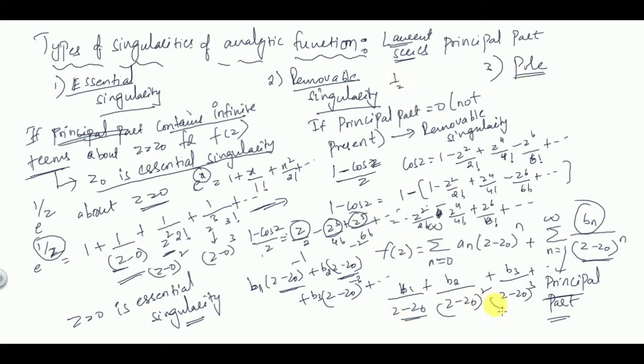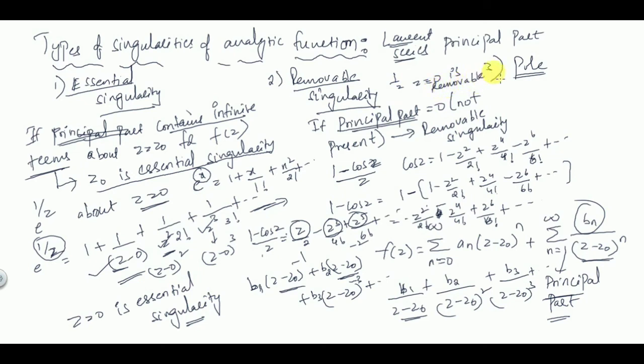Whereas in the previous function we got negative powers: 1 by z, 1 by z square, 1 by z cube. Here you are not getting any negative powers, so the principal part is going to be 0. If the principal part is 0, then z is equal to 0 is said to be a removable singularity.